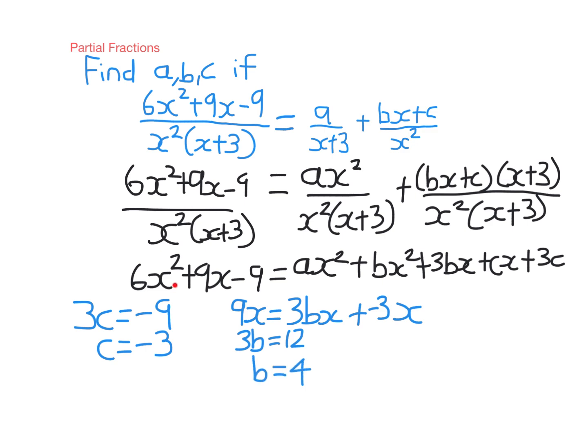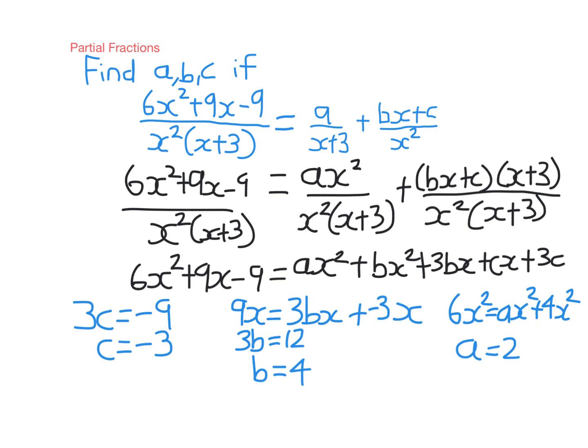Now let's look at the x squared terms. If these two expressions are to be equal, the x squared terms must agree. But of course, we just figured out that b is equal to 4. So I'm going to rub out b and replace it with 4. And that, of course, means that a equals 2. 2x squared plus 4x squared equals 6x squared.